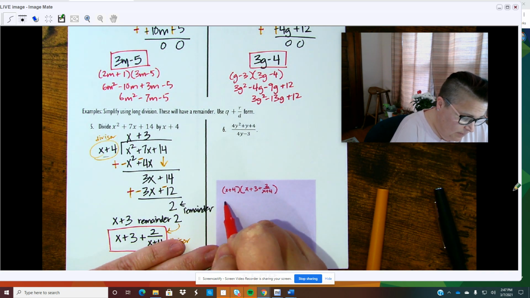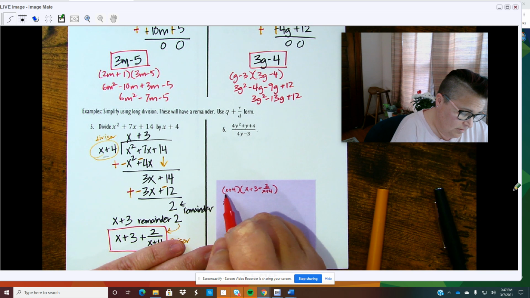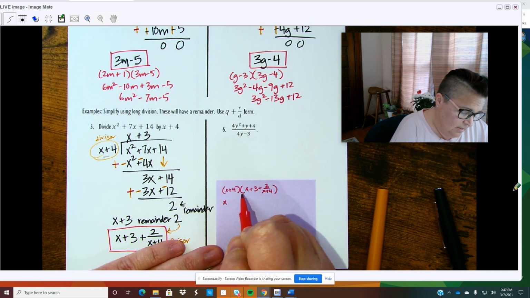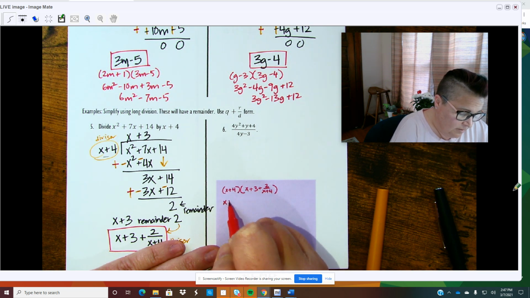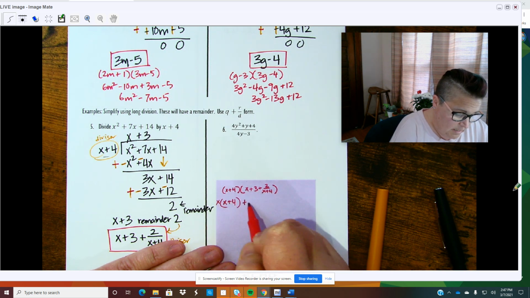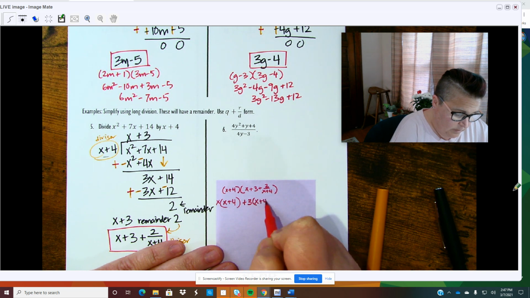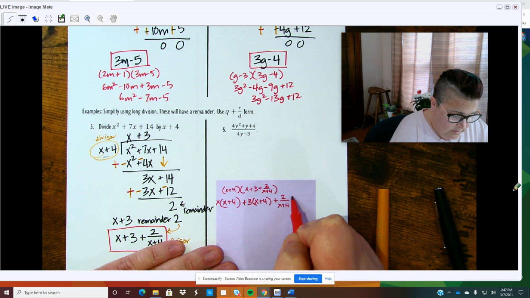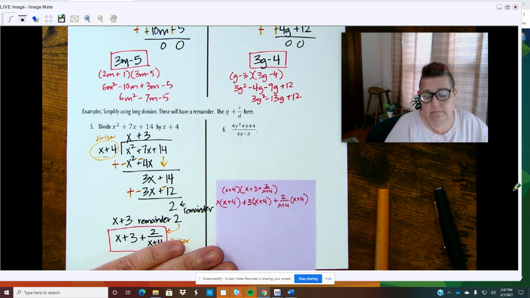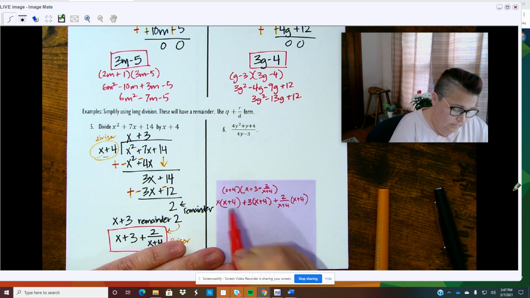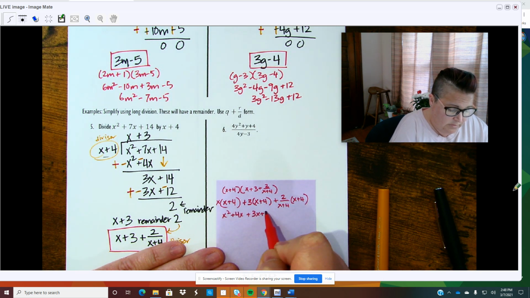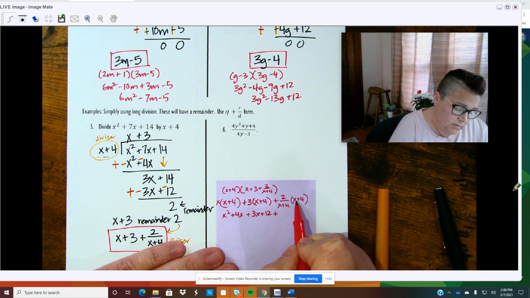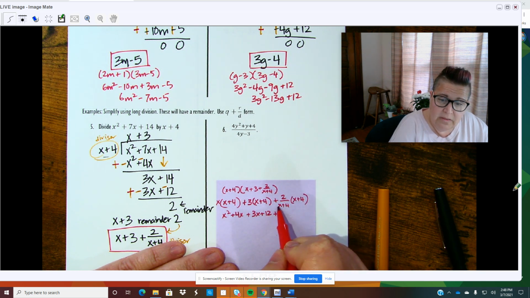So that's going to give me x. I'm going to do x plus 4 times that x. Then I'm going to do 3 times that x plus 4. And then I'm going to do 2 over x plus 4 times that x plus 4. X squared plus 4x plus 3x plus 12 plus, do you see how the x plus 4 and the x plus 4 here, these will cancel?